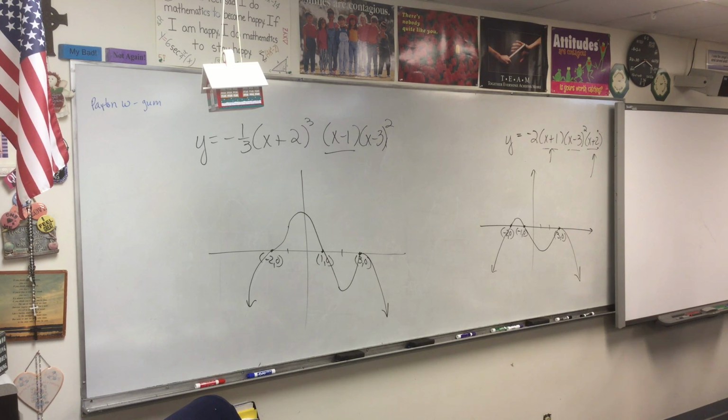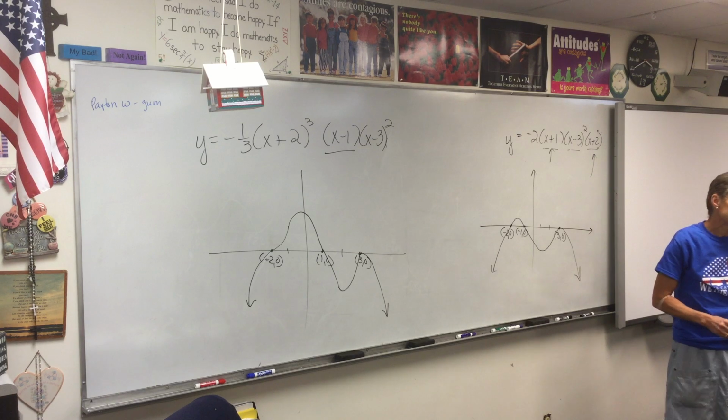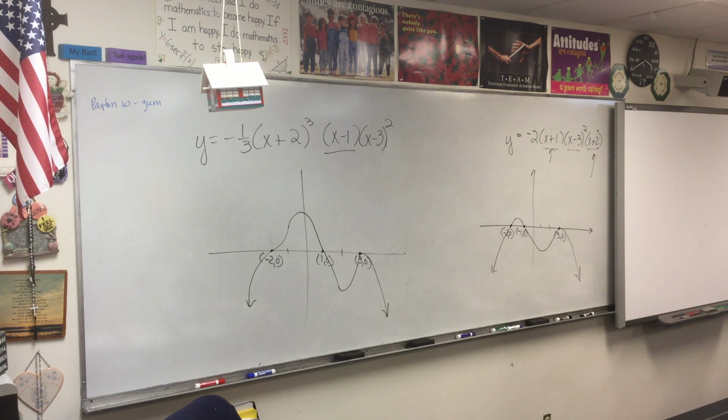What if we have an odd number of x's, but it's negative? So it's up, ends down, that's right.